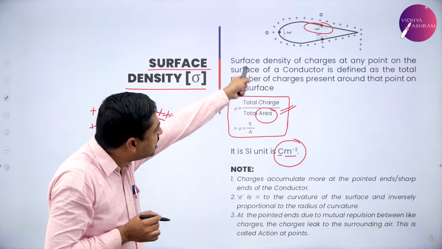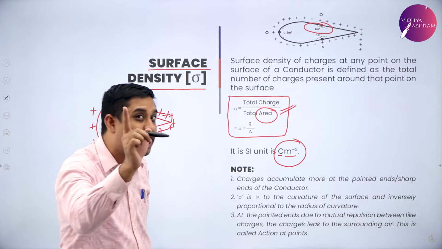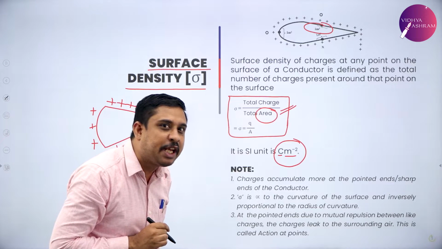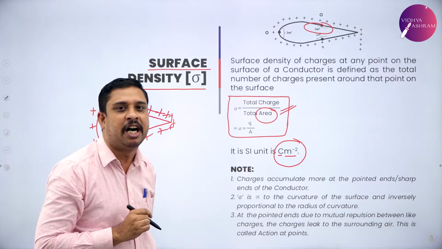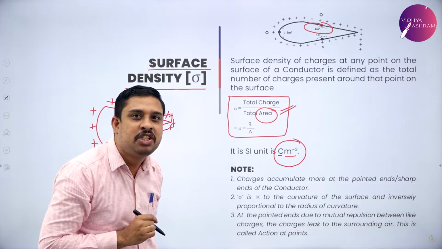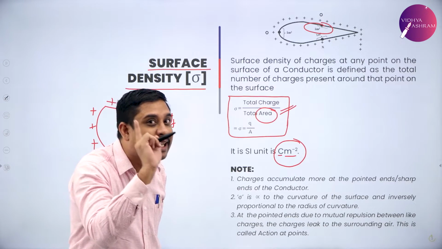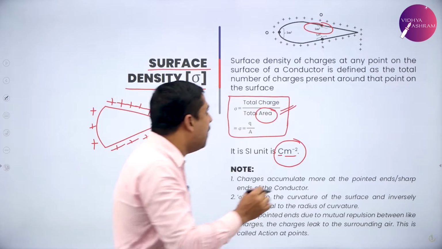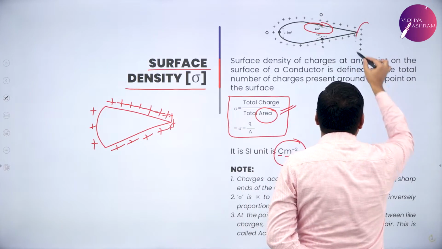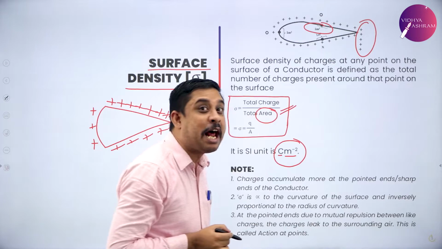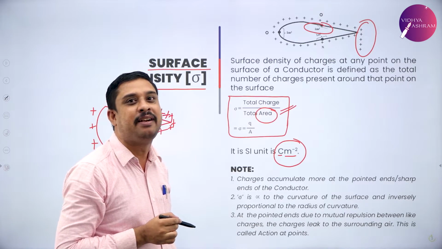If you observe the diagram where I told irregular shaped conductor, so charge distribution is irregular. But look at the nature of distribution. Wherever we have pointed ends, there are more charges present.